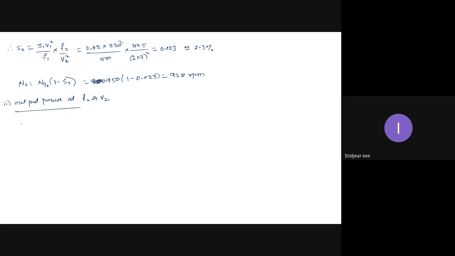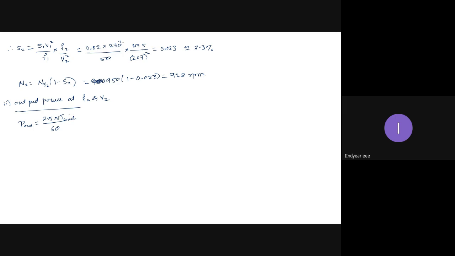So here I can write P out is equals to, we have one equation that we have seen in DC machines. That is P out is equals to 2 pi NT divided by 60. Now this T is what? Load torque.